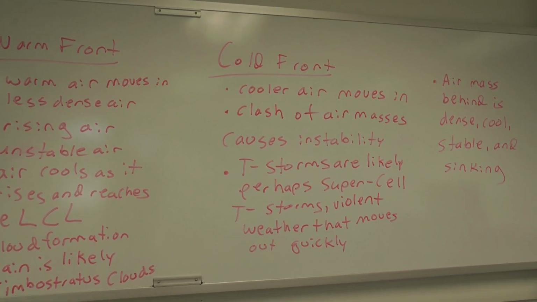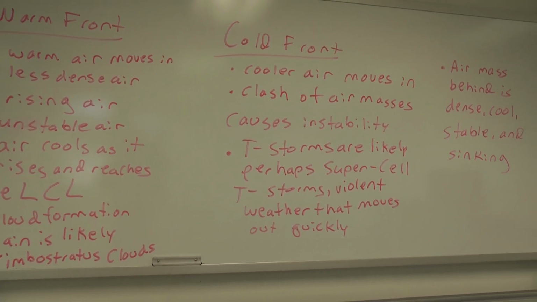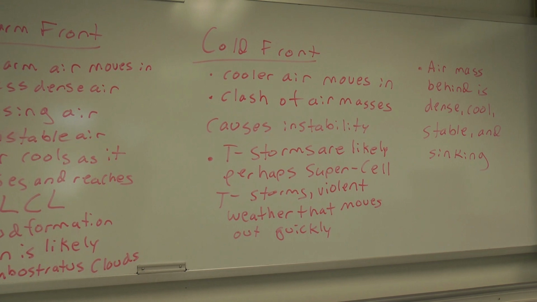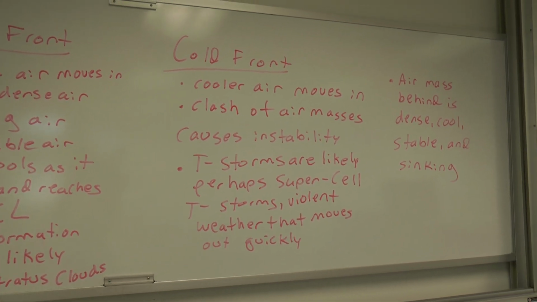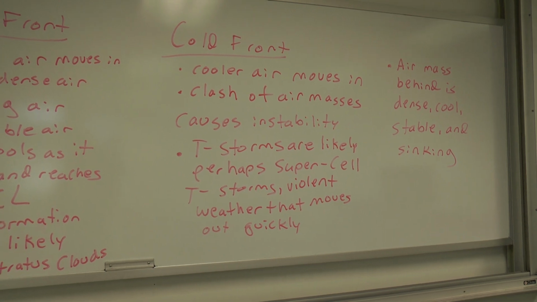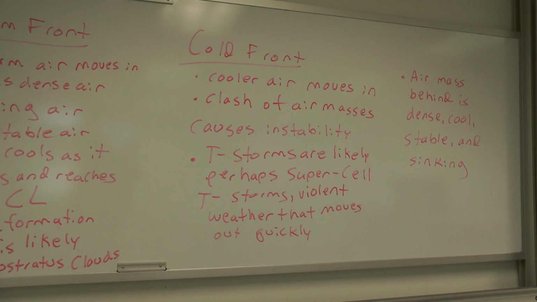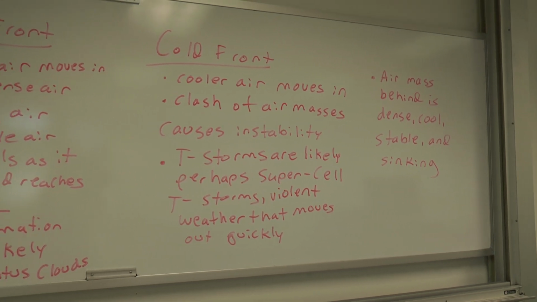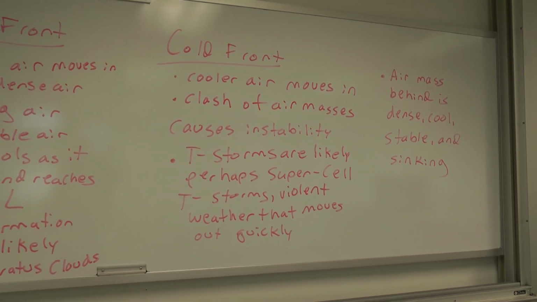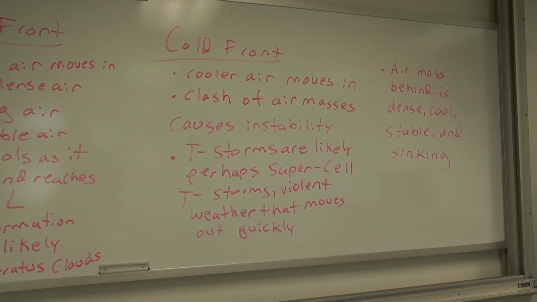If it resists lifting, if it resists vertical movement, then that air mass is stable. You don't expect to build any cumulonimbus clouds and afternoon thunderstorms. That's what we consider to be stable air. Oh, by the way, I meant to write down cumulonimbus clouds here with our cold front thunderstorms. We'll talk more about those clouds in a later chapter.